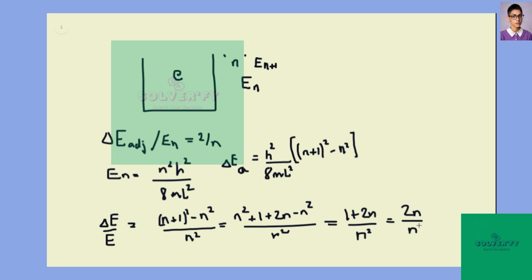Now if the value of n is very large, 1 plus 2n can be written simply as 2n over n square, and now you can see that this becomes equal to 2 over n. So we have shown that as n increases, the difference in energy between the adjacent levels with respect to the energy of a level keeps reducing as n increases.